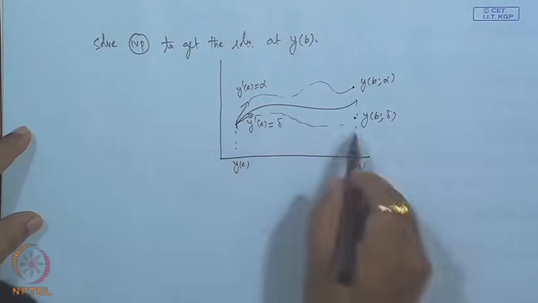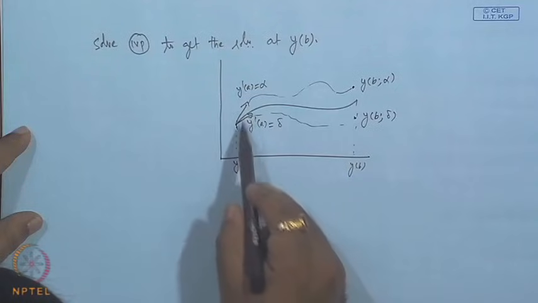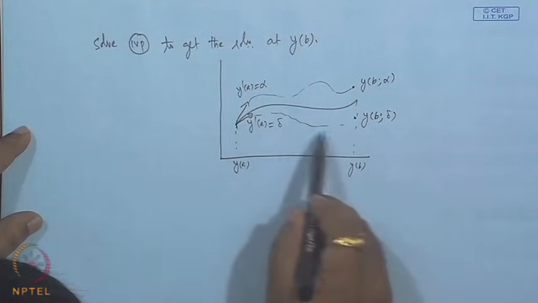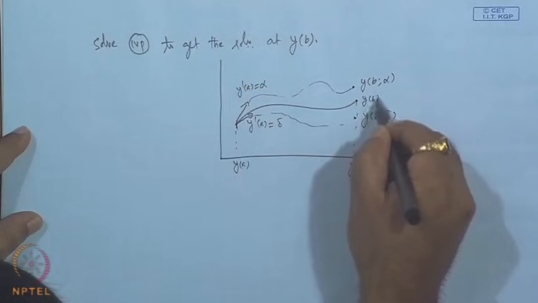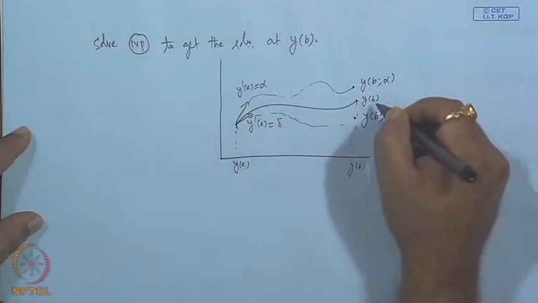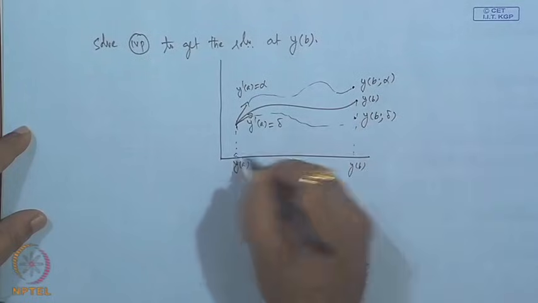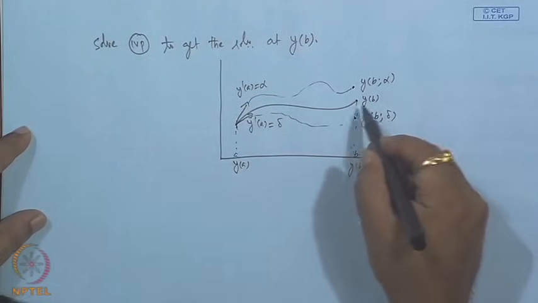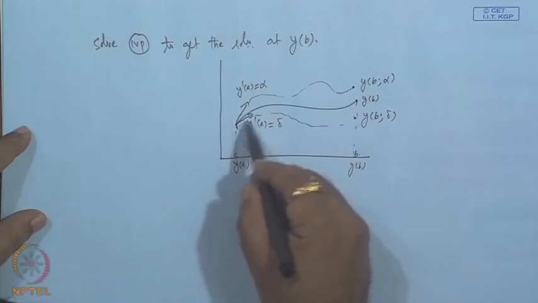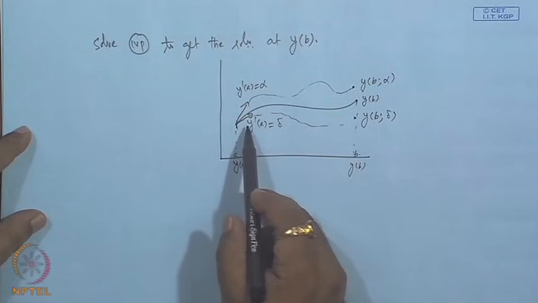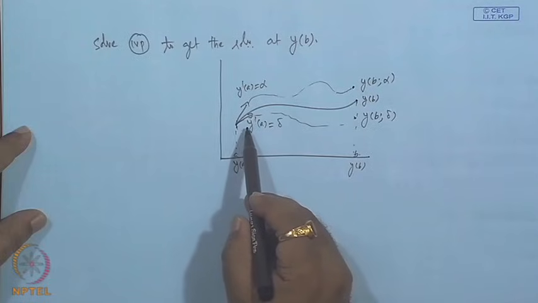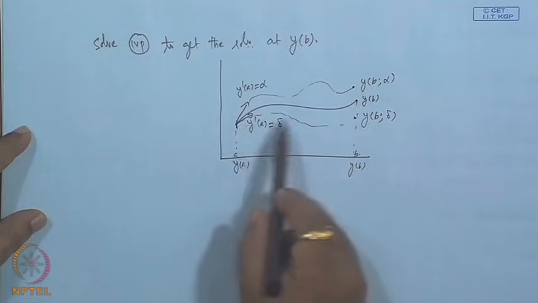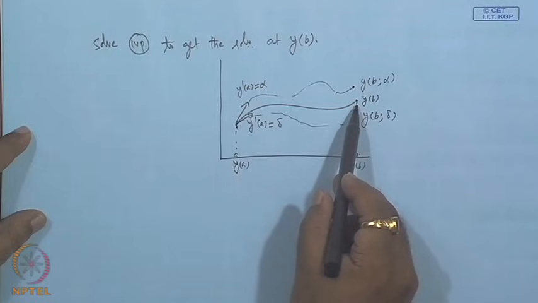What is happening? If you adjust your slope, you are tracing a different path, but what is our target? This is a and this is b, and this is y of b. We need to find out what could be the slope with which, if you fire, we can reach the target, as close as possible.